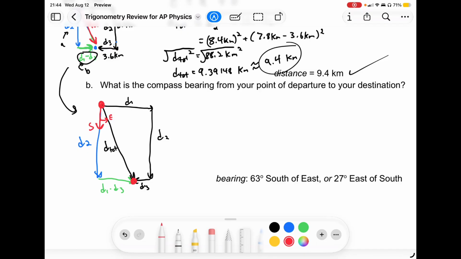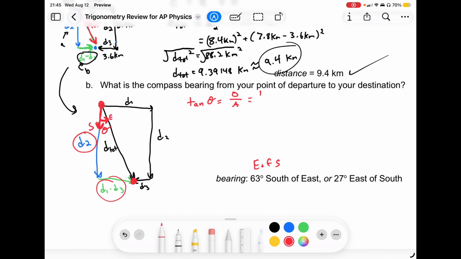So this is going to get us some bearing that is east of south, because we started south and then we went to the east of that. So it's east of south. All right. And to get that, we got to use our SOHCAHTOA, right? And let's again use our tan, because our tan of theta is going to equal opposite over adjacent. And those numbers we were originally given will give us our adjacent and our opposite things, right?